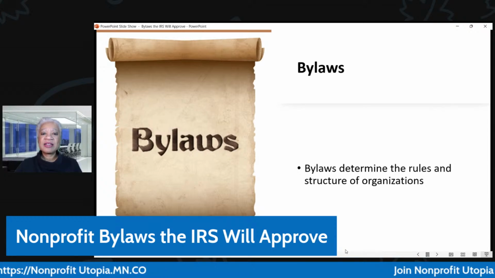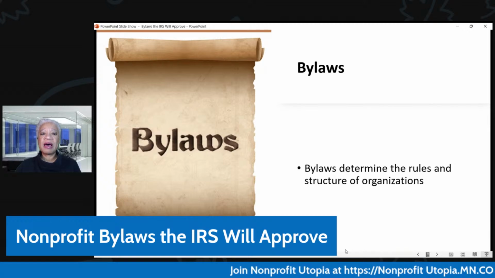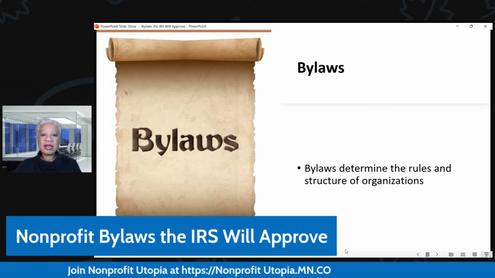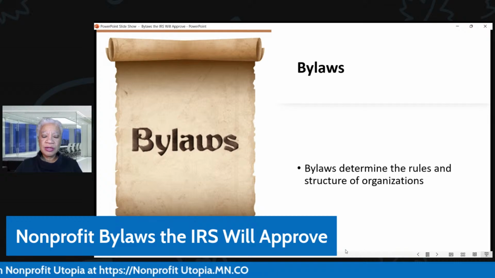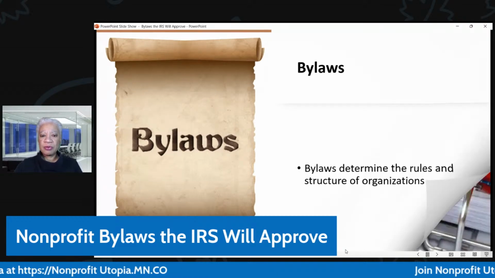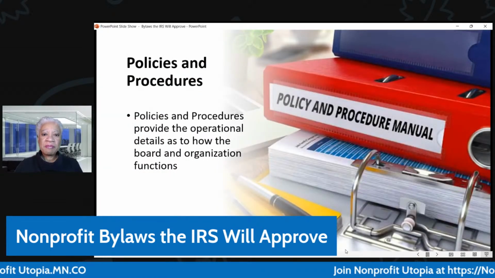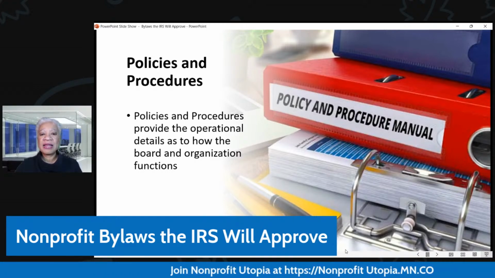The bylaws, on the other hand, don't create the organization, but they talk about how the organization will be structured as well as the overall general rules of the organization. Policies and procedures operationalize the bylaws.